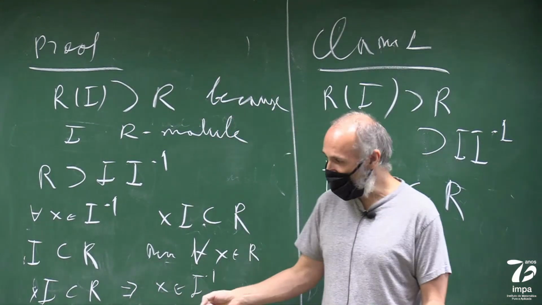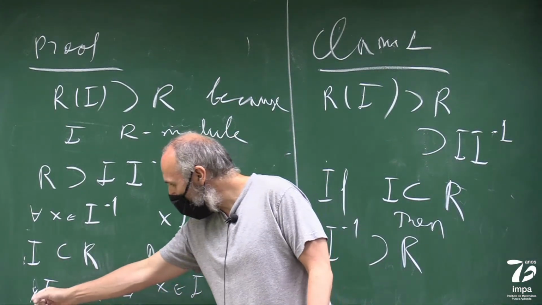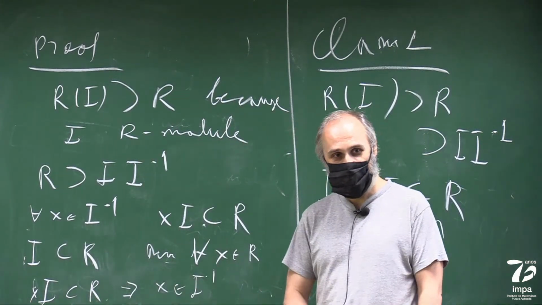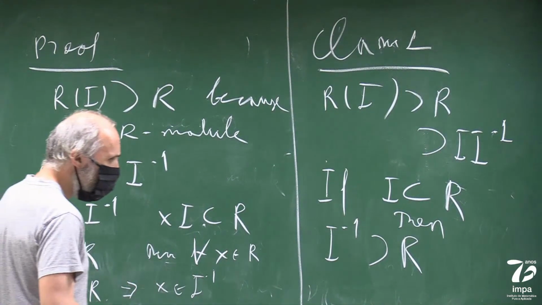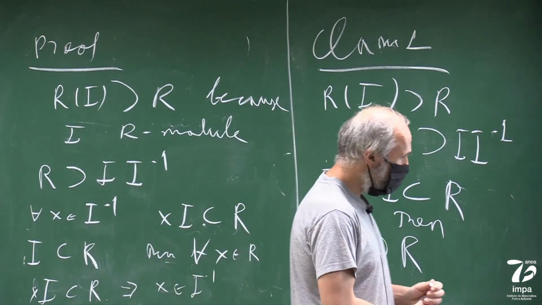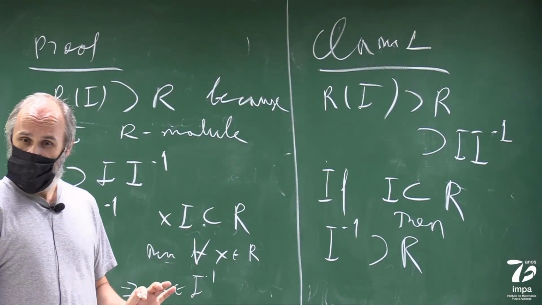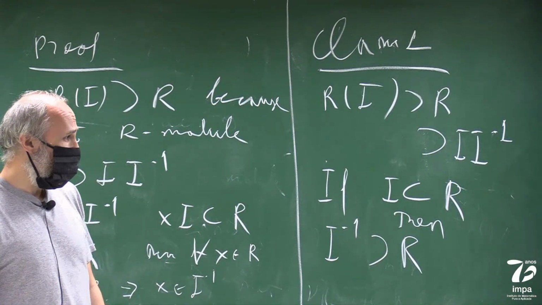Because what is I minus 1? It's all elements x of K such that xI belongs to R. Okay, I will use this claim shortly. Questions? So this was like preliminary business, which is pretty much trivial.